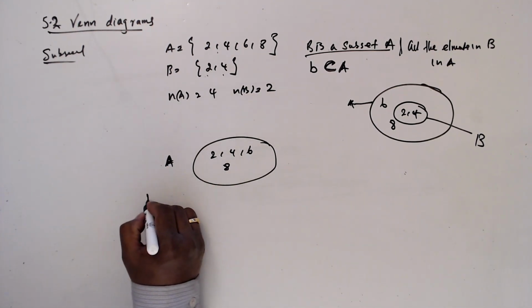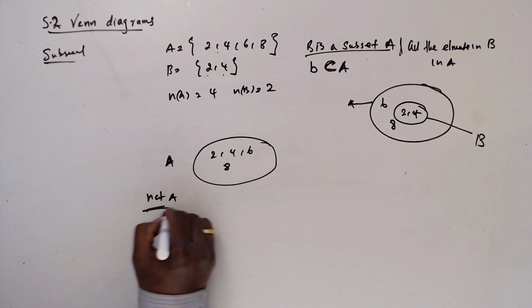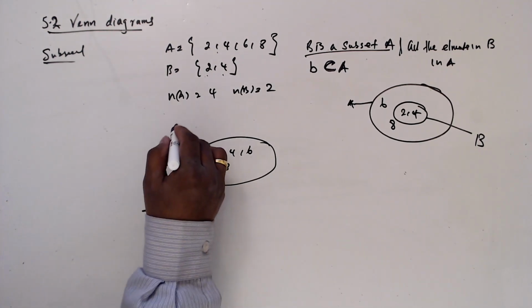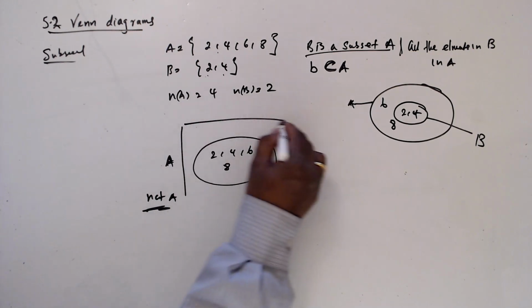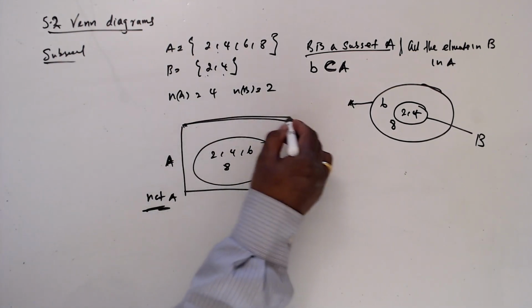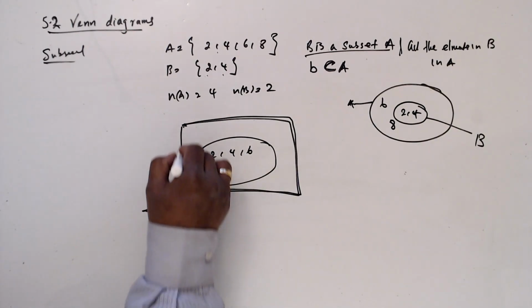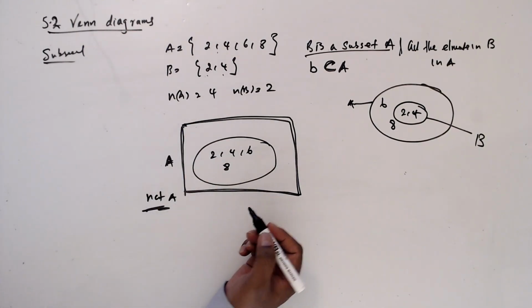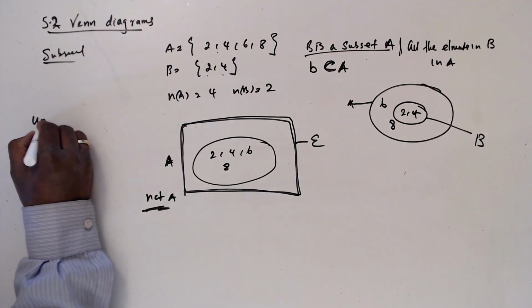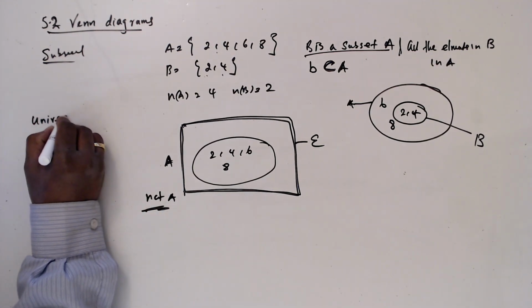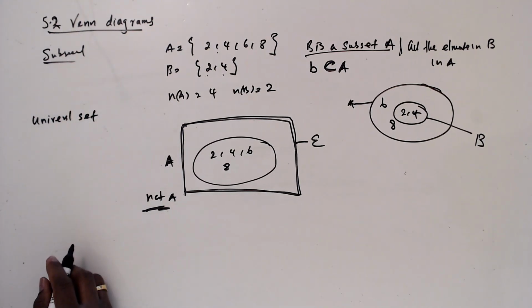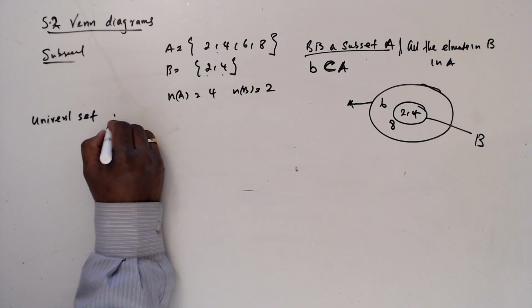Then what is not A? And this is the issue. To avoid this, we define a universal set. This is the universal set. We show it by a square, and this is the symbol.